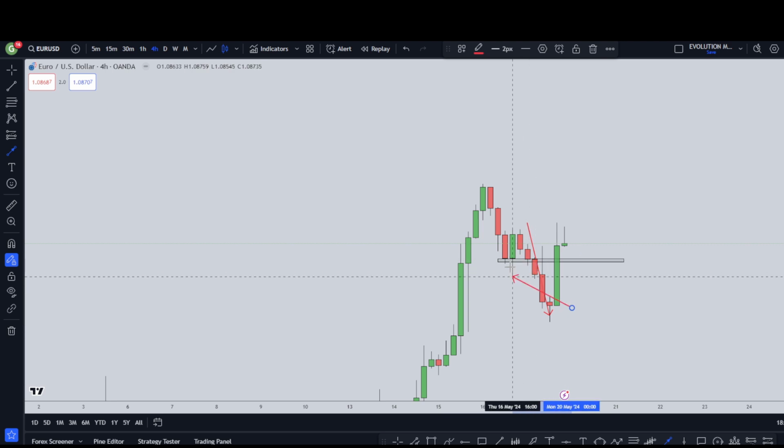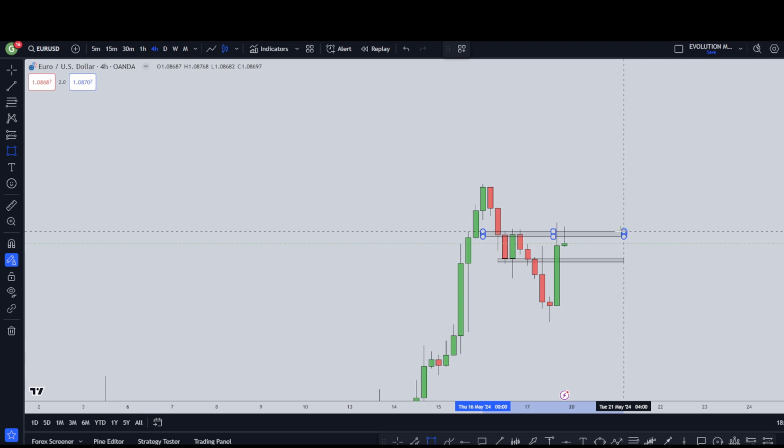I'm talking about this, which was acting as resistance as price broke back within this range of price. But again, what we see is that it created minor resistance here, and price with this upward move has retested it and is being contained within this consolidation area.